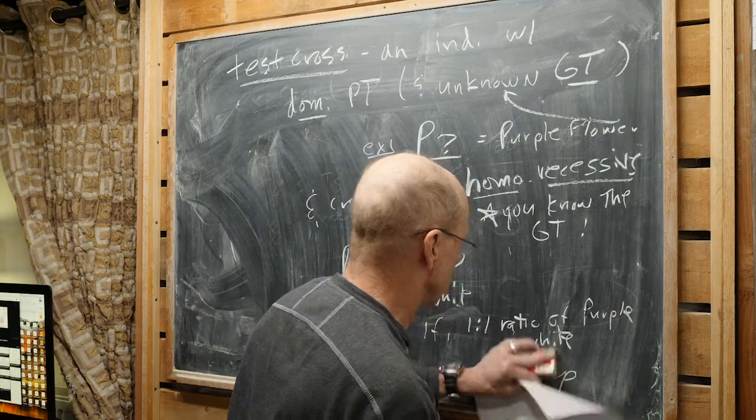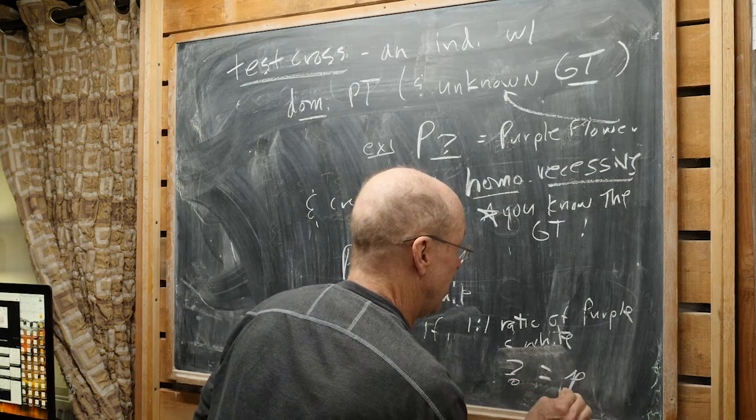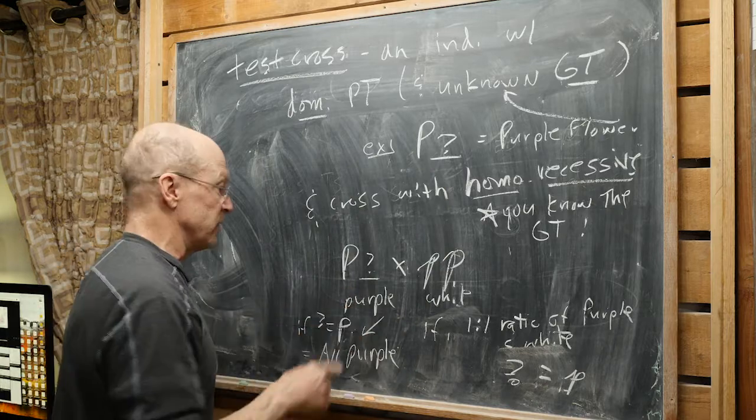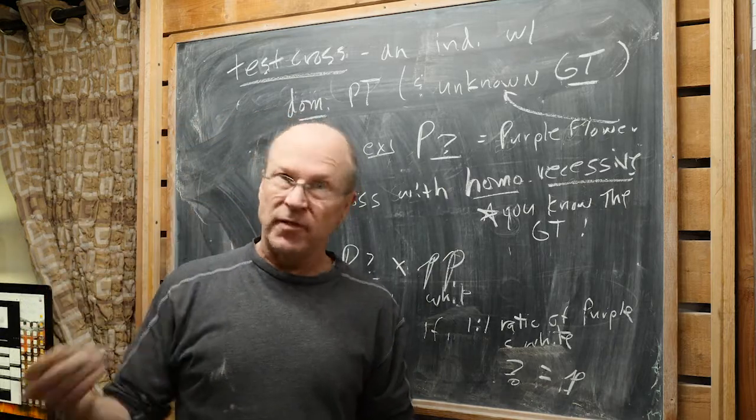So let me see. Question mark is equal to little p. And so therefore it's a heterozygote. So that's a test cross. And that's a good way to get what's called a 50-50 ratio.